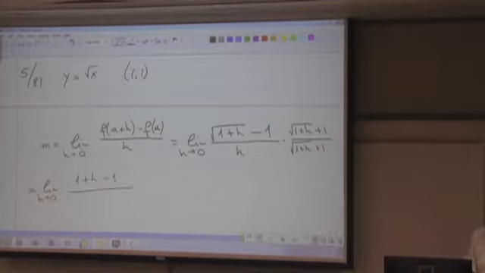What do we get on the bottom? h times the square root of 1 plus h plus 1, right? The 1's cancel. I have the limit as h goes to 0 of h divided by h times the square root of 1 plus h plus 1. The h is crossed out. So what do we end up with? 1/2, right?